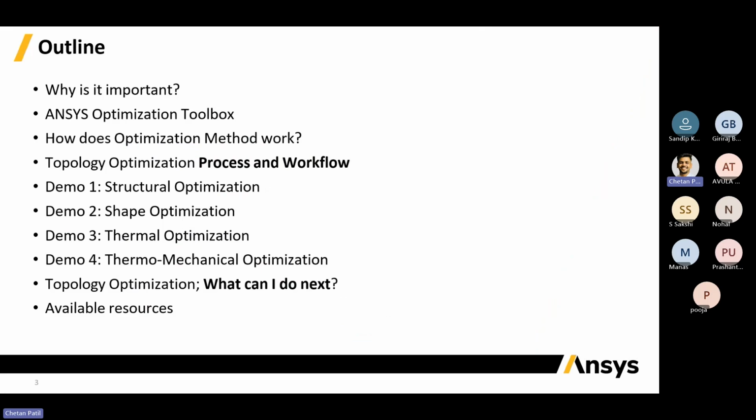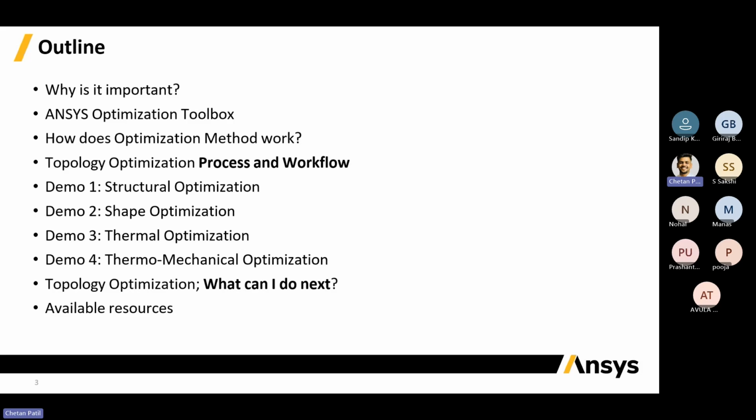The basic outline or agenda of this webinar will be like this. First of all, understanding why it is important to do the optimization process, then what kind of toolboxes are available for optimization in the Ansys software, then how the optimization method works: basically what the objectives are, the goal that we are performing the optimization simulation for.